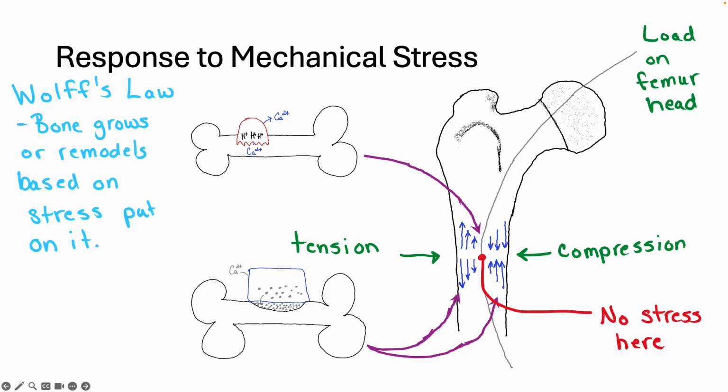So some things that are explained by Wolff's Law include handedness. You'll notice that dominant arm bones tend to be thicker due to more frequent use. Curved bones are going to be thickest where they are most likely to buckle. Trabeculae and the spongy bone align along lines of compression.